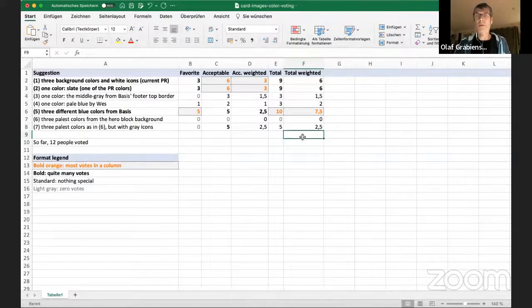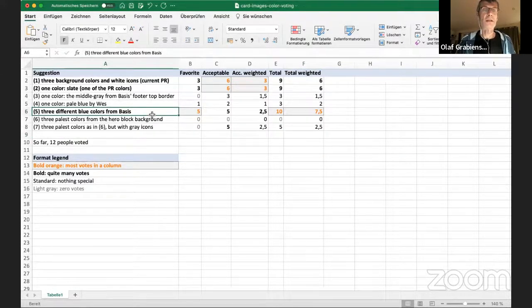But the advantage of the voting is that we can focus the discussion on the three most voted suggestions. Even if it is just a quantitative result, I think these are the three best things that we have now.